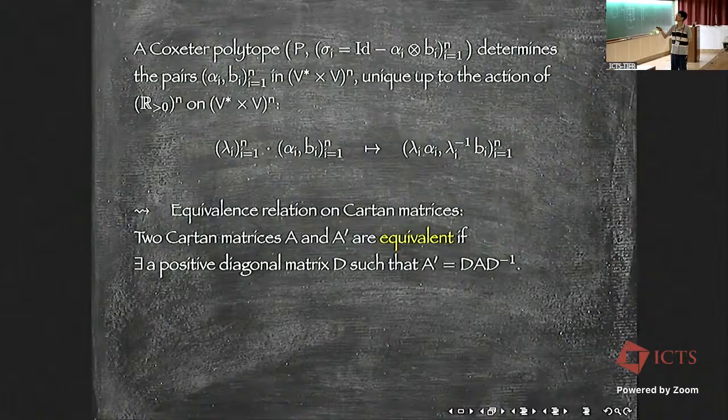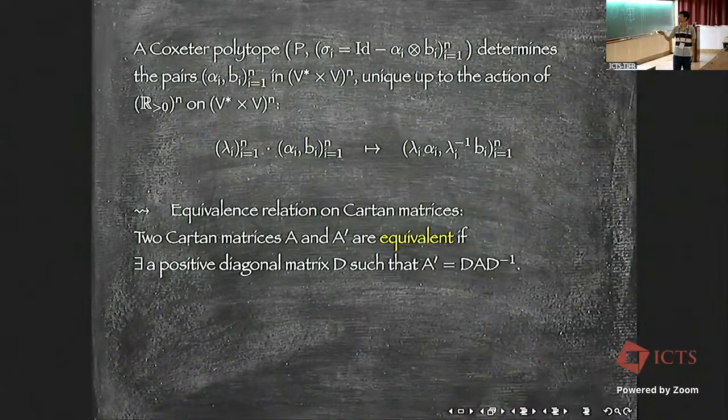But this pair of linear functional and vector is up to the simple action by positive real numbers. So you multiply one by λ_i and the other by 1 over λ_i, then it still gives the same reflection. It's clear.